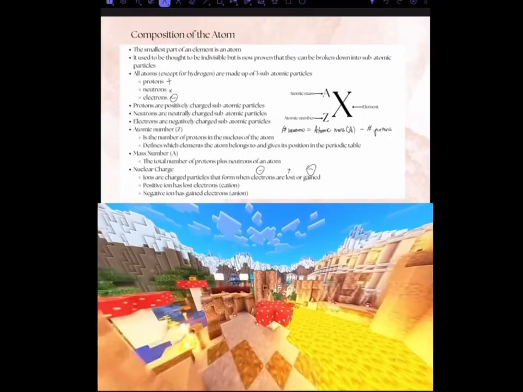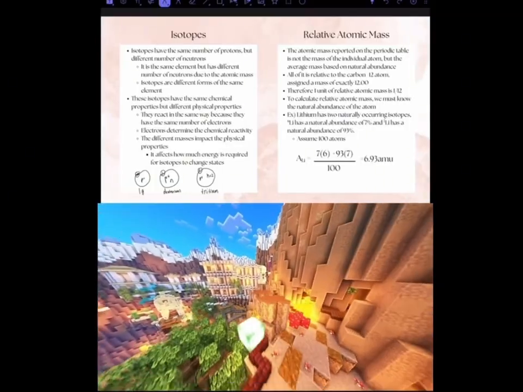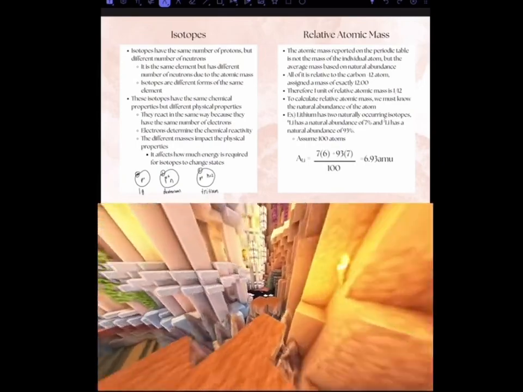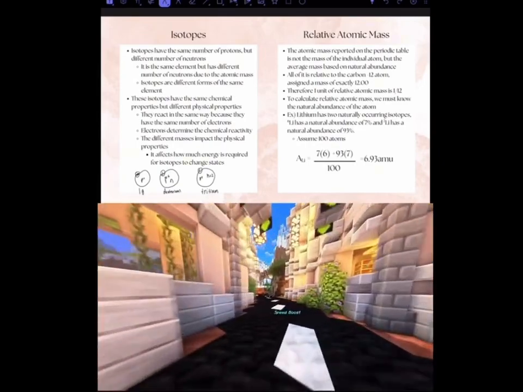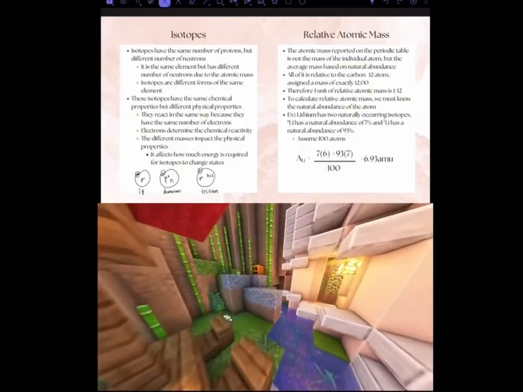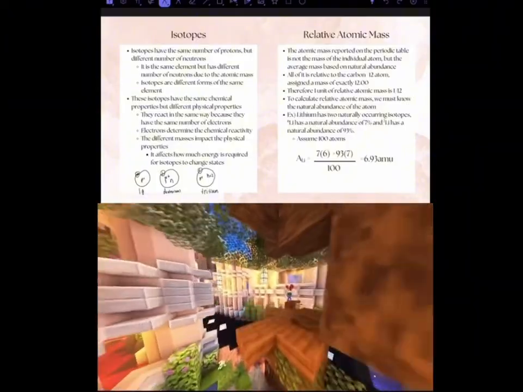Hydrogen 3 is also called tritium. And you see the difference: for hydrogen 1, the mass number is 1, for hydrogen 2, the mass number is 2, and for hydrogen 3, the mass number is 3. Therefore, they also have different boiling points due to their different masses.